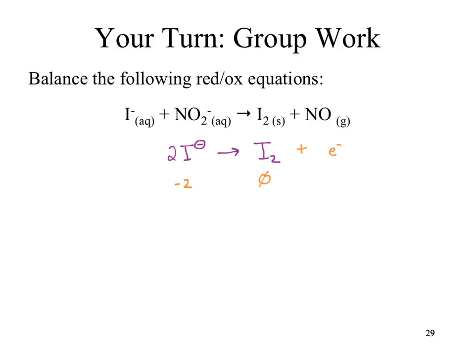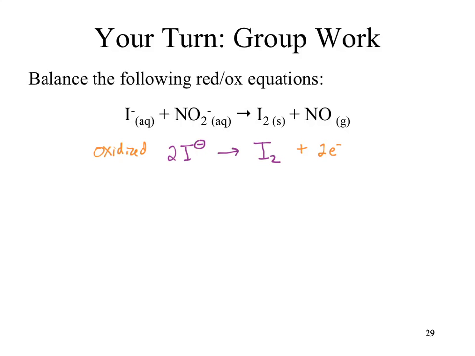If we just add 1 electron as our charge balance, what do we need to do? 2 electrons. We now have our balanced charge. We now have the half reaction. What occurred to our iodide atom? Is it oxidized, reduced? Electrons are on the product side, which means it lost electrons, so it was oxidized.